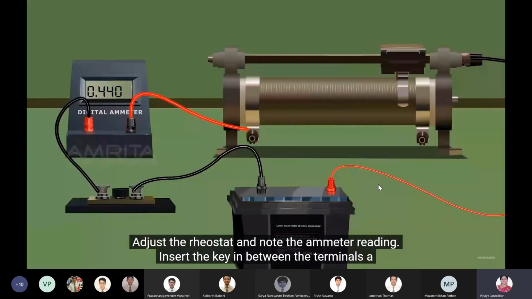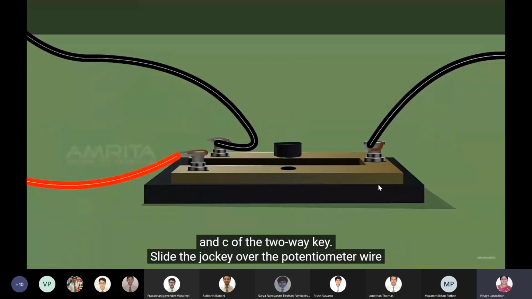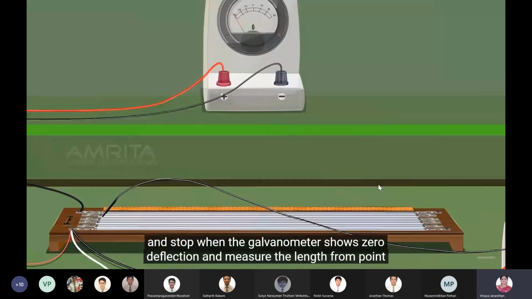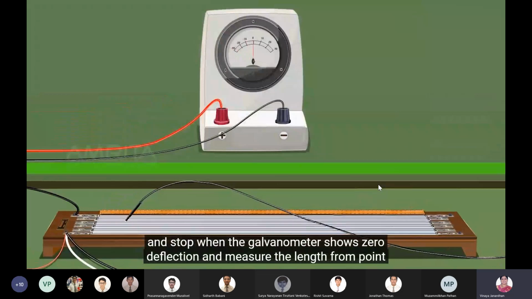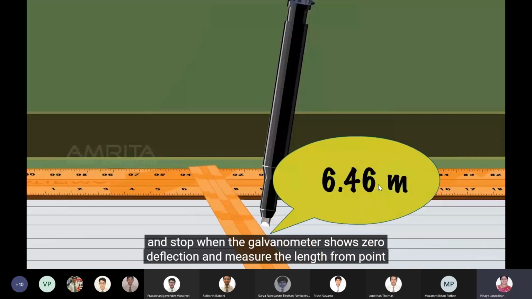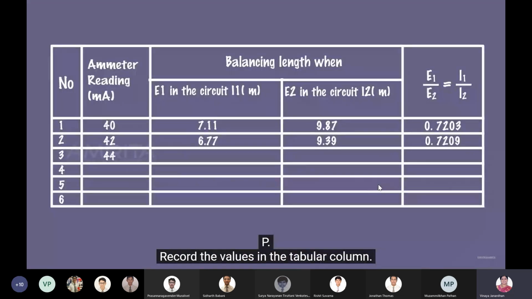Adjust the rheostat and note the ammeter reading. Insert the key in between the terminals A and C of the two-way key. Slide the jockey over the potentiometer wire and stop when the galvanometer shows zero deflection and measure the length from point P. Record the values in the tabular column.